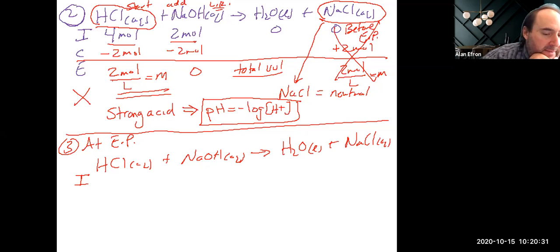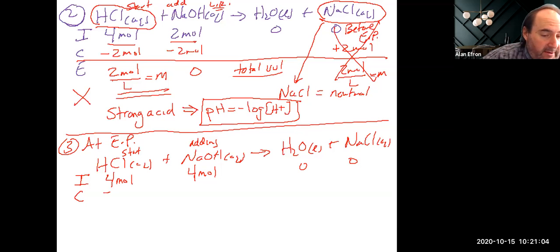And again, I'm just going to make up this number. I'm going to again say I'm starting with 4 moles of HCl. Now, because I'm at the equivalence point, that is the point where the moles of the acid should equal the moles of the base, which means I know I should have at this point 4 moles of the base that I am adding. Again, that's basically your definition here of equivalence point, which means you really can't mess it up.